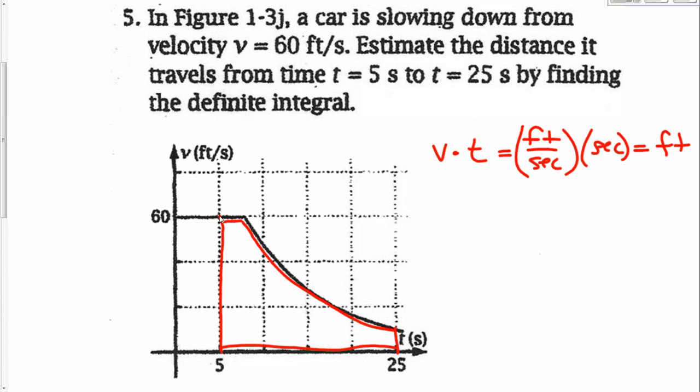First, I'm going to go through and count the full squares. I've got one full one here, one full one here, another full one here. Now I need to put pieces together, so to speak, to make whole squares. I think that this piece I've just highlighted in blue, if I were to add that to this little smidge over here that I've shaded in blue, could count as a single square.